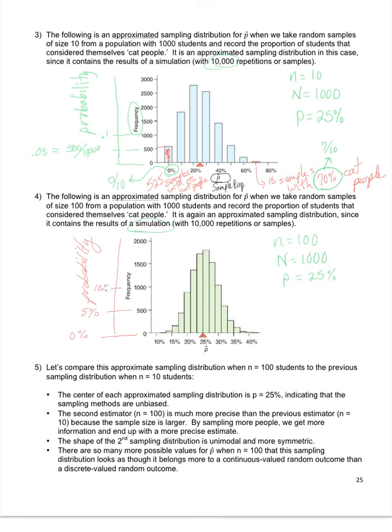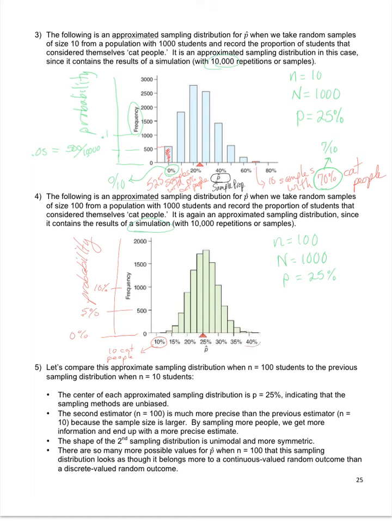And so let's take a look. We've got, let's see, 10%. Doesn't have a bar above it, but that would mean that 10% of 100, this would be 10 cat people in the sample. So it doesn't look like they actually got any samples with that few cat people.